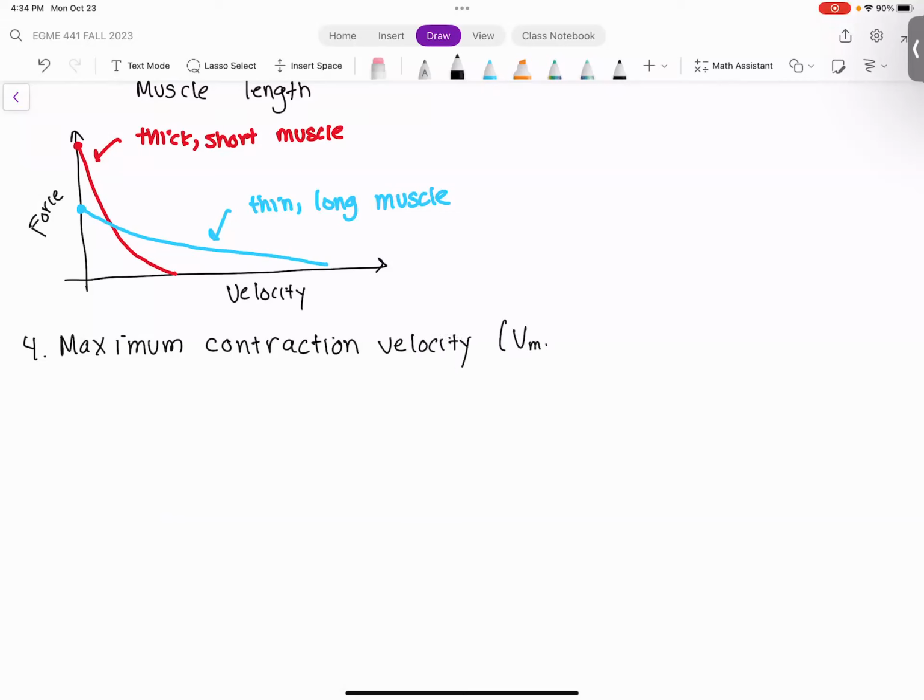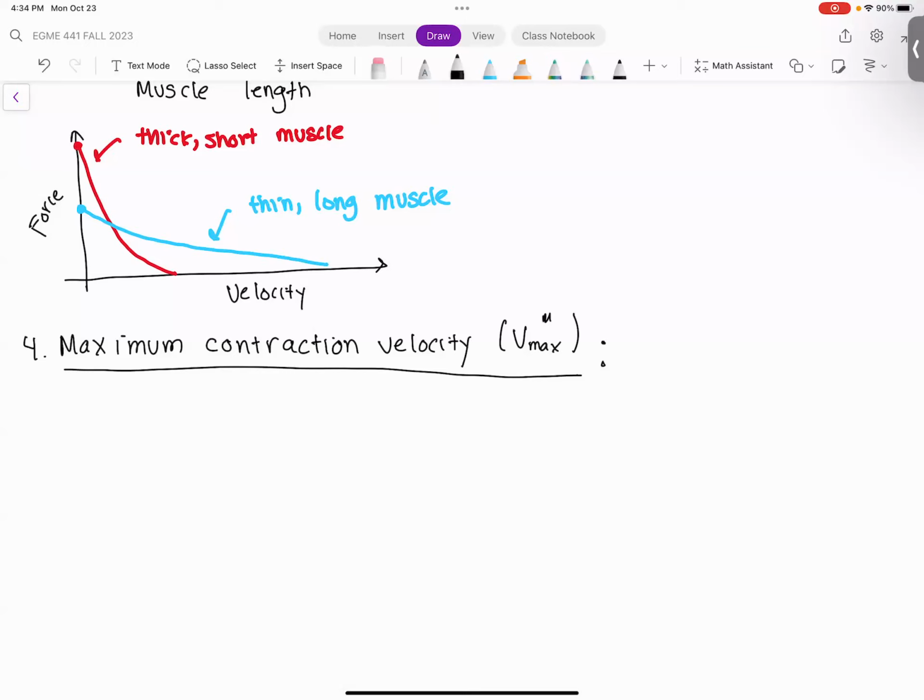We call this V max M. And just like the name implies, this tells you how quickly that muscle can contract.